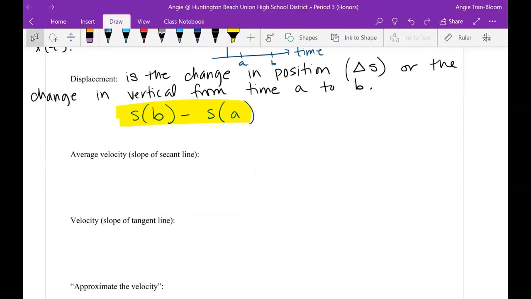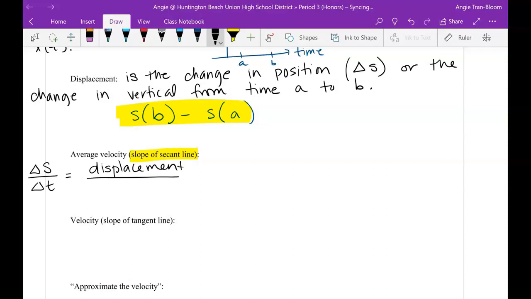Next, we are going to talk about average velocity. Average velocity, again, is not the same as just the velocity, okay? Average velocity, as I put here in parentheses, is the slope of the secant line. So that means it's the change in S divided by the change in time. The change in S is the change in position, which, as you know from above, is the displacement.